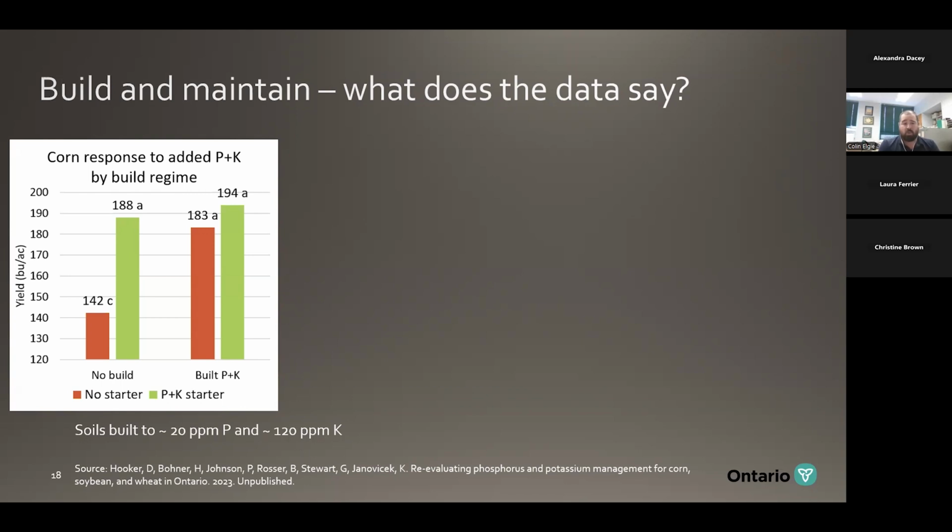So to start here with corn, we've got two different comparisons. In this case, the soils were low testing soils to begin with, and they were either not built or built up to approximately 20 parts per million phosphorus and 120 parts per million potassium, as a guideline for what they were using.